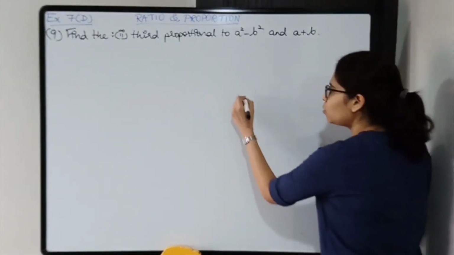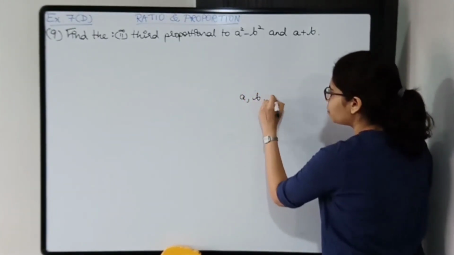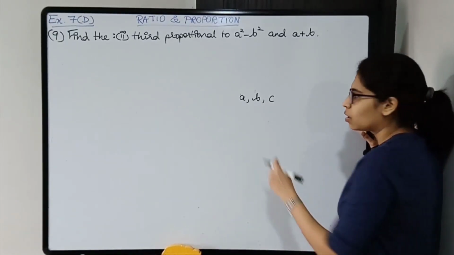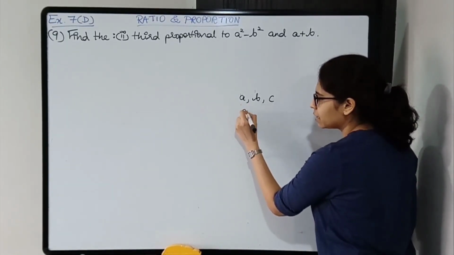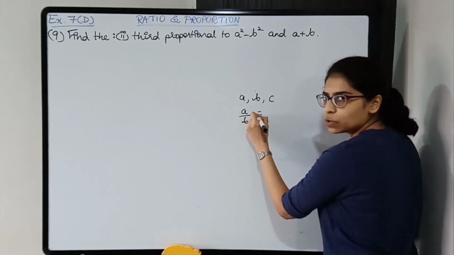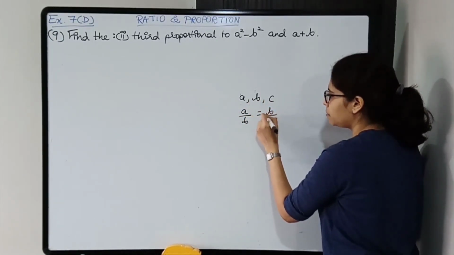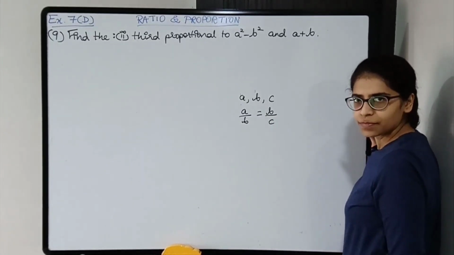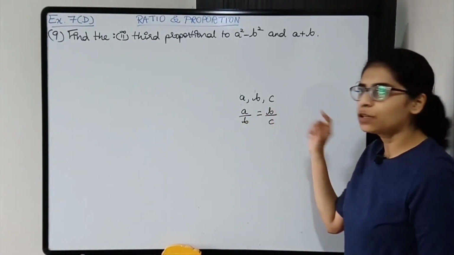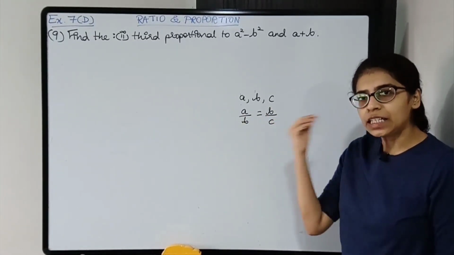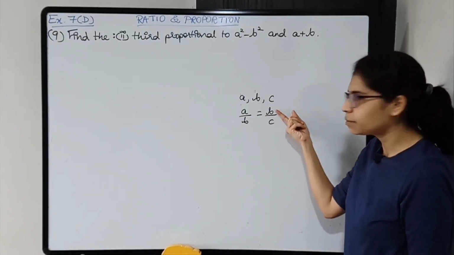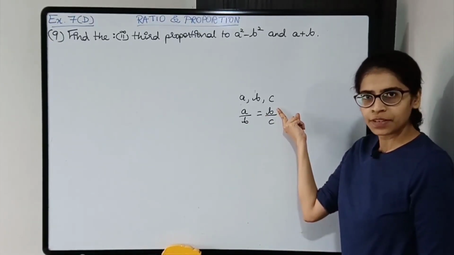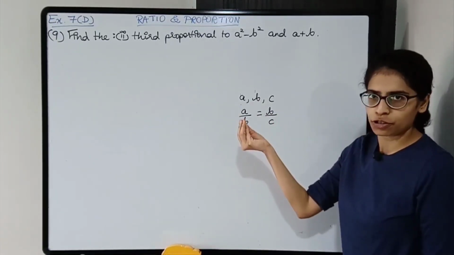So when you have three quantities in proportion, how are they proportional to each other? First upon second, that is a upon b, will be equal to second upon third, that is b upon c. So a upon b equal to b upon c, that is continued proportion. Because the denominator here becomes the numerator over here. So it is called continued proportion.